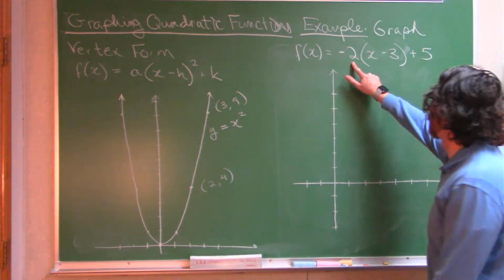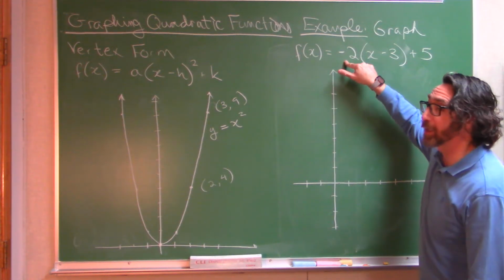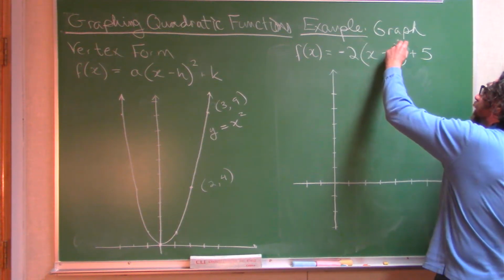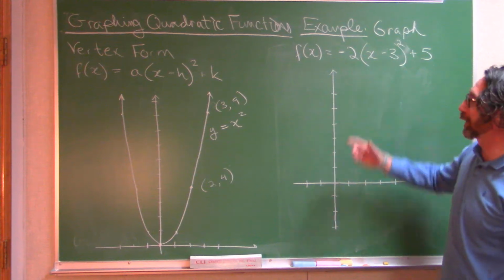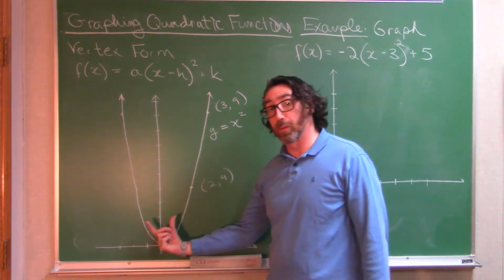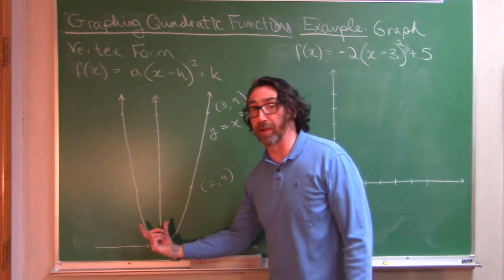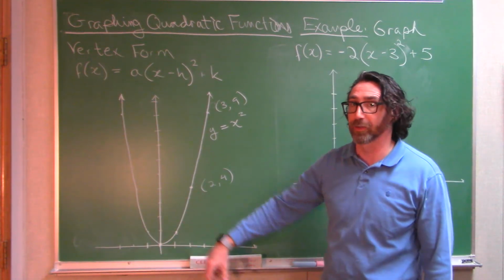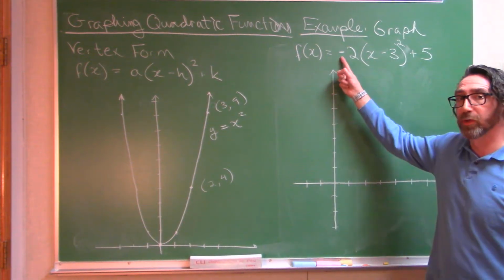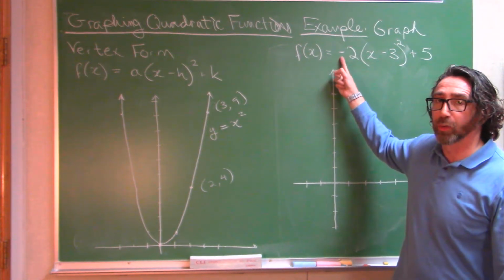Okay, so I'm looking at that multiplier. That multiplier is negative. Oops, I think I said squared, but I didn't write squared. Okay, so that multiplier is negative, so that is going to take our basic graph and reflect it across the x-axis. So you're going to have a reflection there across the x-axis.